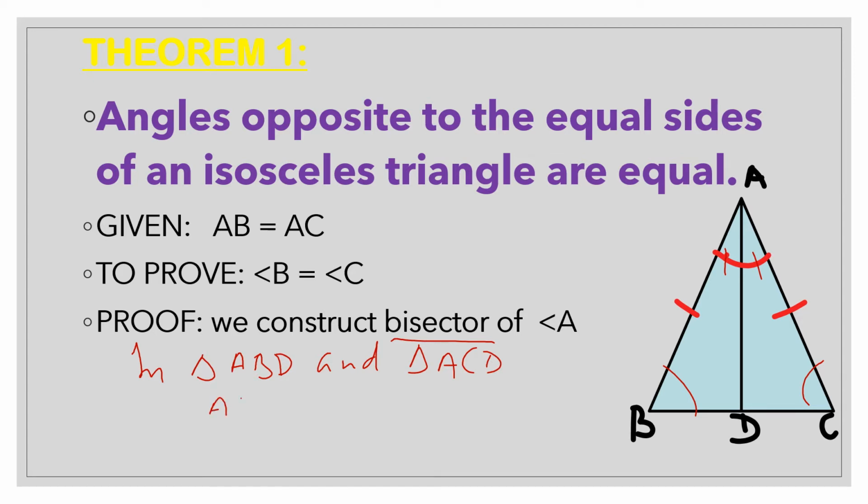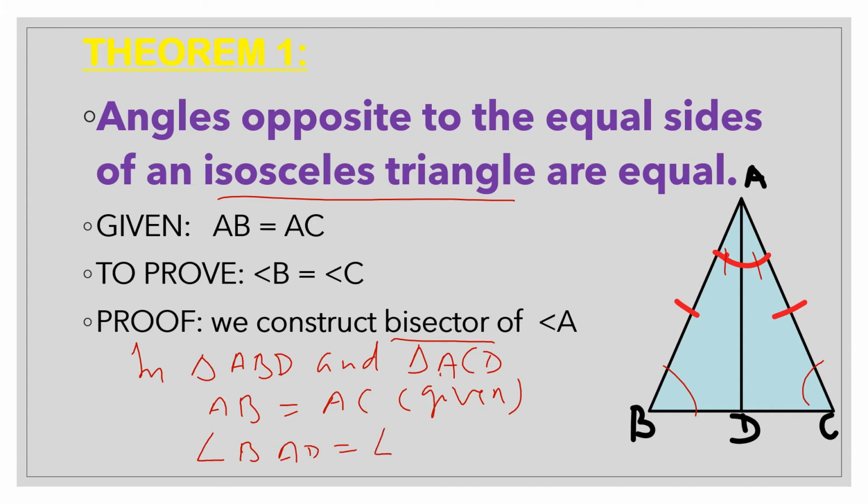AB equals AC because it is already given in the question that it is an isosceles triangle. The second thing is you have constructed, that means angle BAD equals angle CAD, and the third one is AD equals AD.